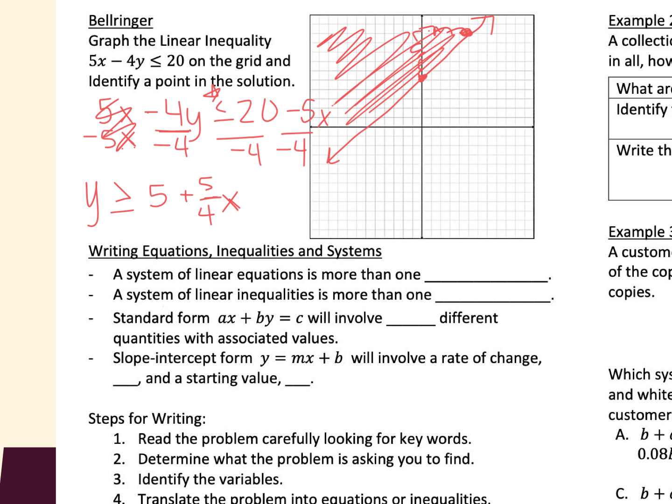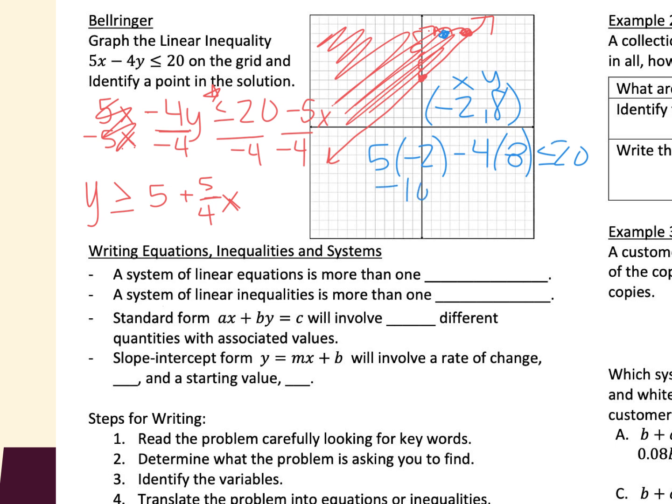So maybe we pick 2 and 8. If I'm going to pick (2, 8) as a solution, I can double check that in my calculator. This is my x and this is my y, so I can plug in 2 times -5 minus 4 times 8 is less than or equal to 20.